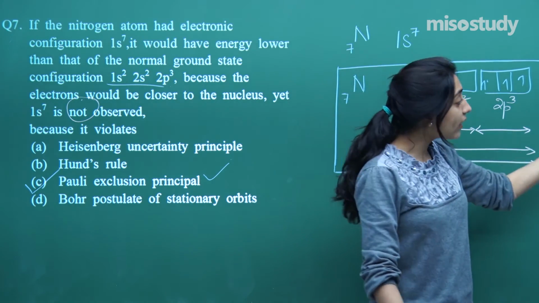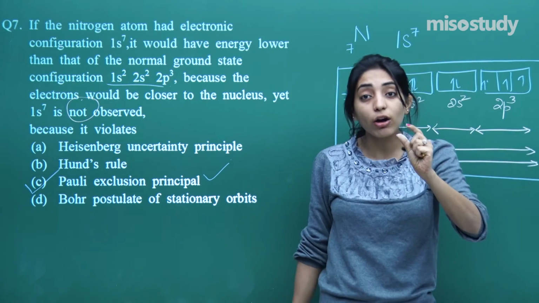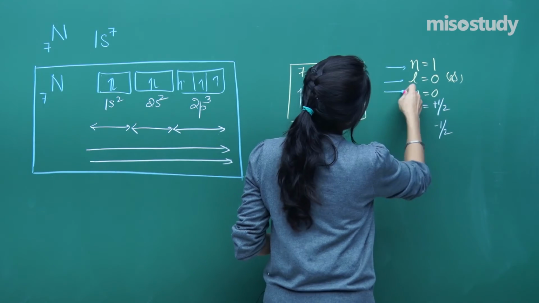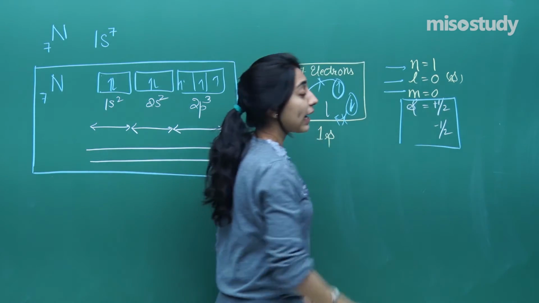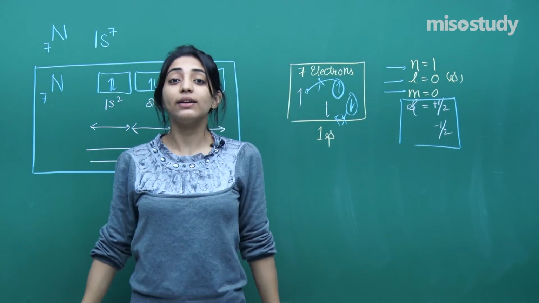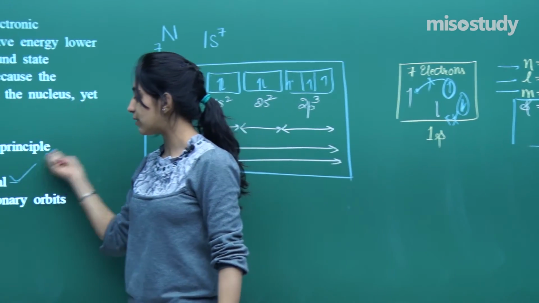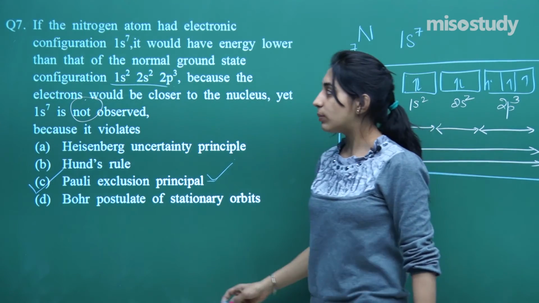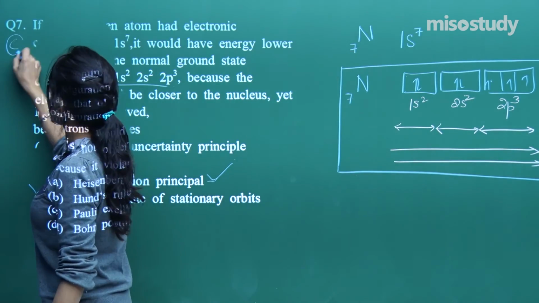But if I take this case of 7 electrons in one orbital, then this will be same, this will be same, this will be same, and forcefully you will make S also same, and thus it will be against the Pauli's exclusion principle. Fine. So option number C will be again the correct option for question number 7.